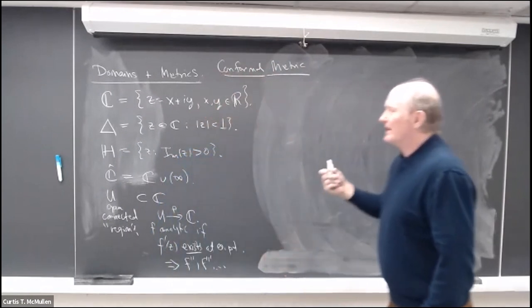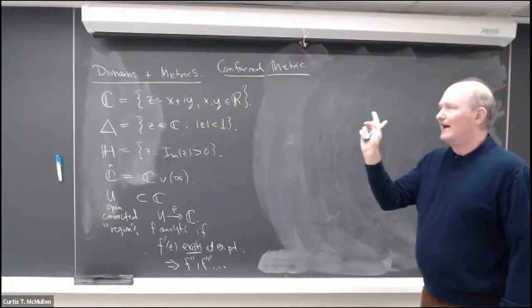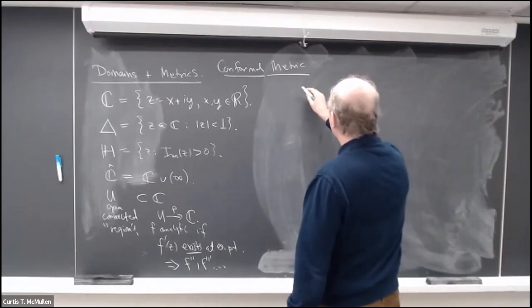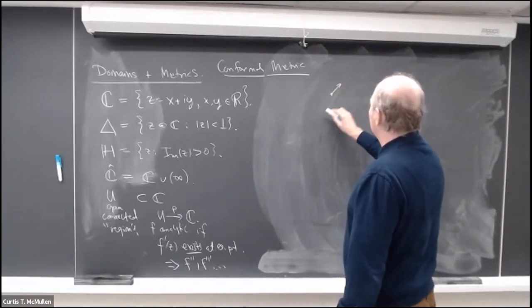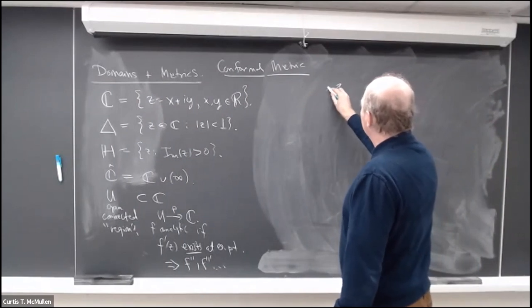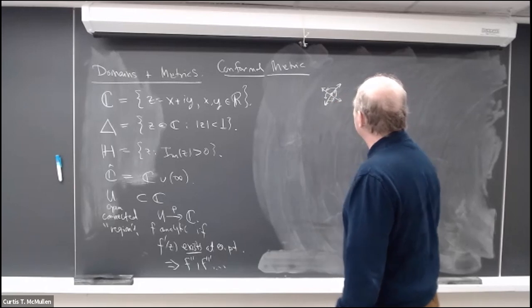First, a metric in Riemannian geometry is a way of specifying the lengths of vectors. A conformal metric is a metric on vectors in the plane or in a complex manifold where the length of a vector is invariant under rotation. That's what it means to be conformally invariant.